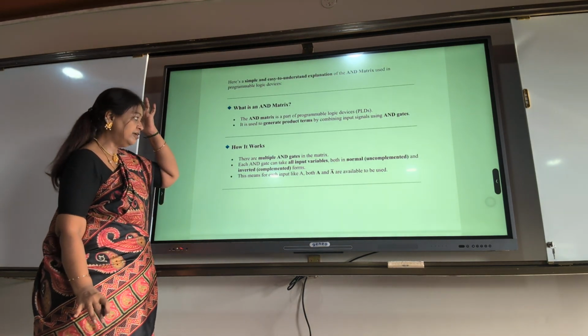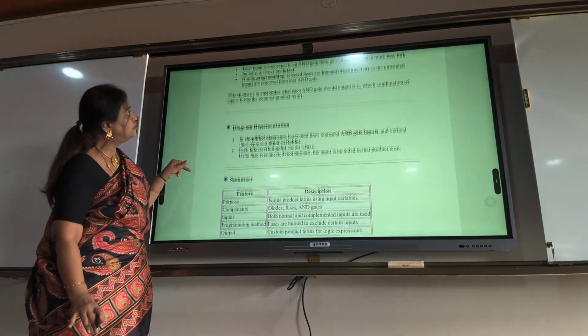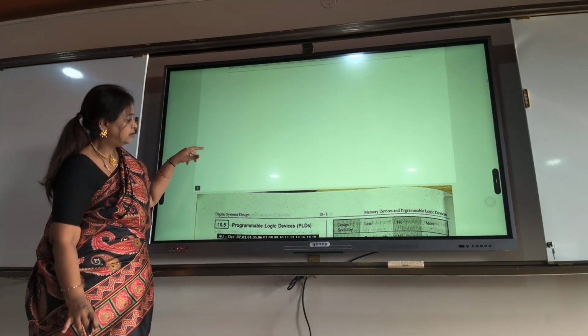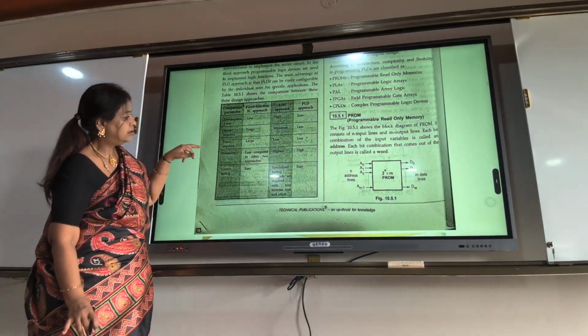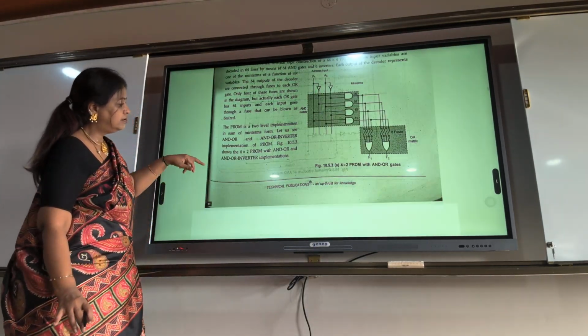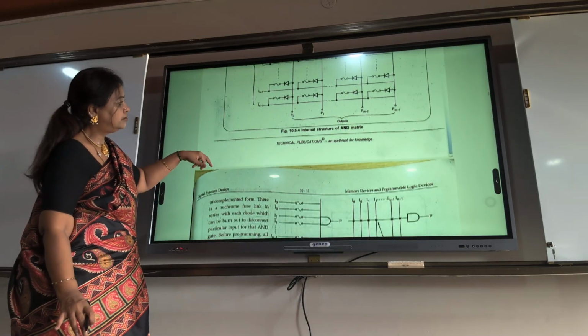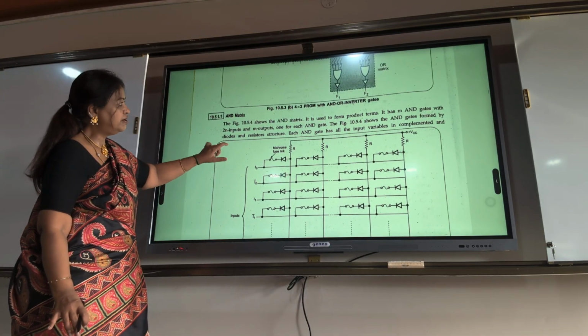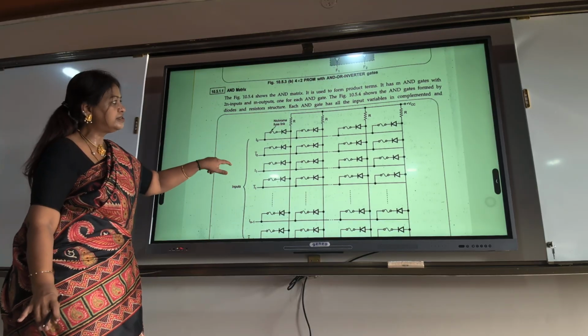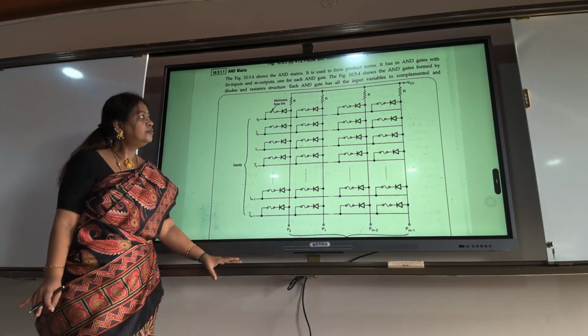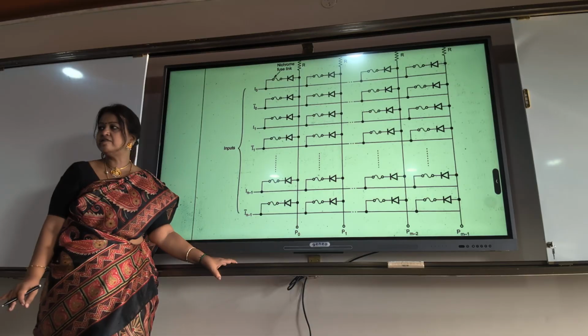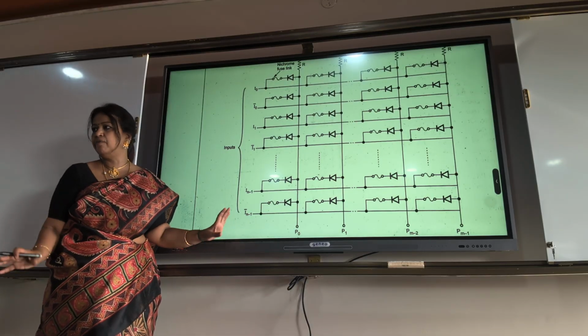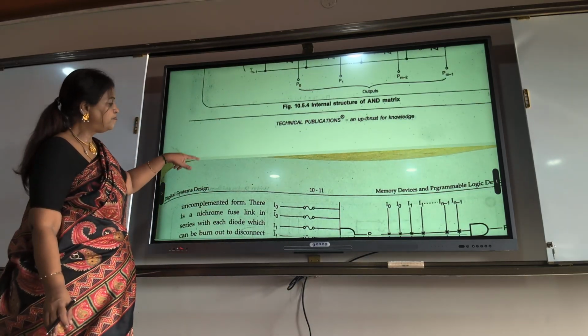So AND matrix and OR matrix. This is what we are going to see here. This is how it will look. Internally, the matrix will look like this, and the matrix will look like this. We are going to keep them fixed, whichever is required, whichever is not required, we will do this.